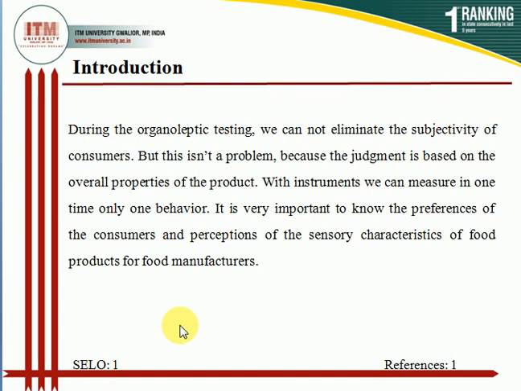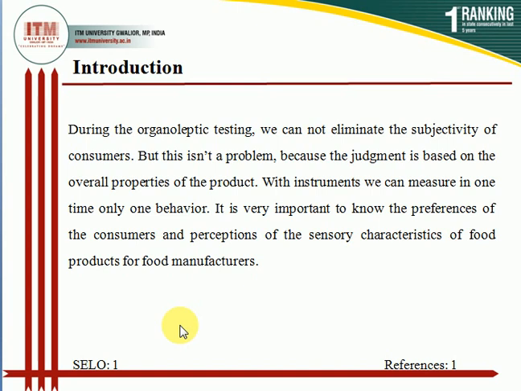All systems for evaluation of food give the overall property of the product. All systems means subjective, objective, physical, chemical. All properties together will give the overall property of the product.